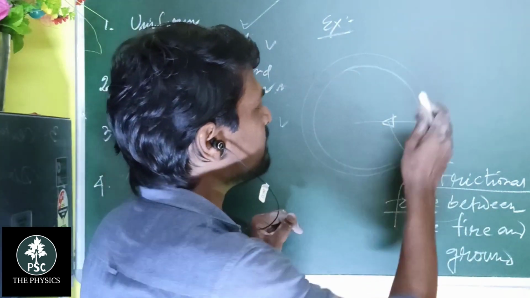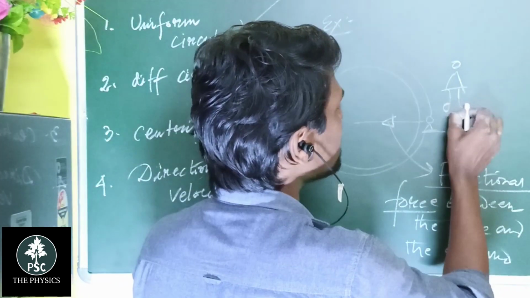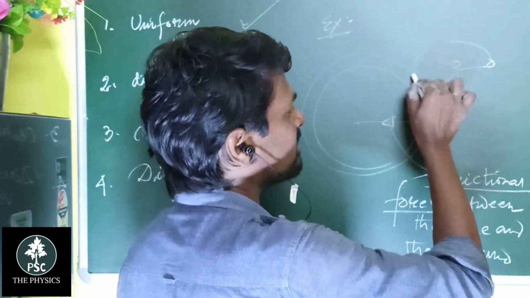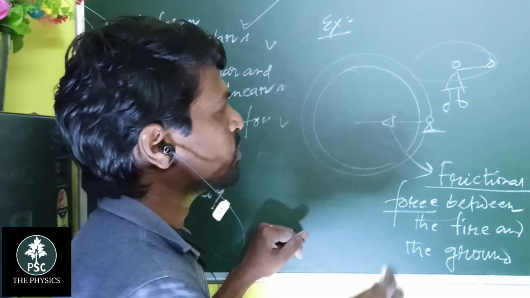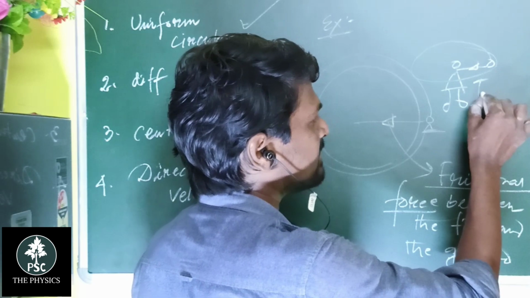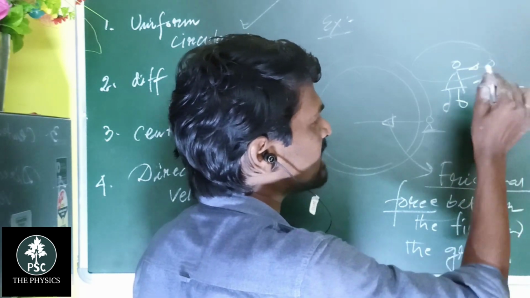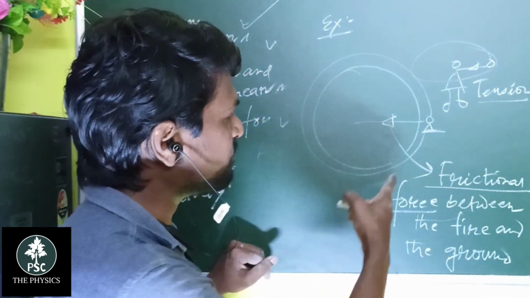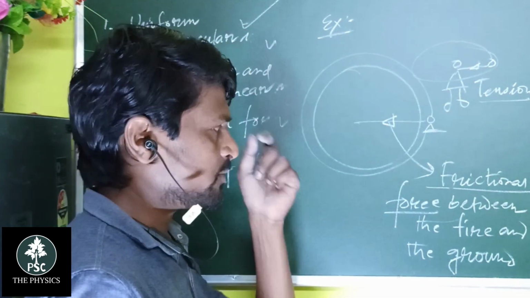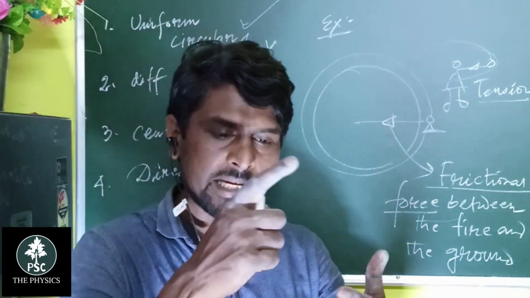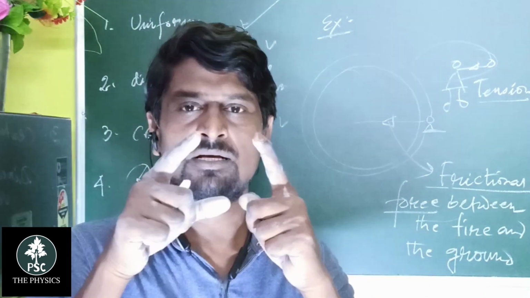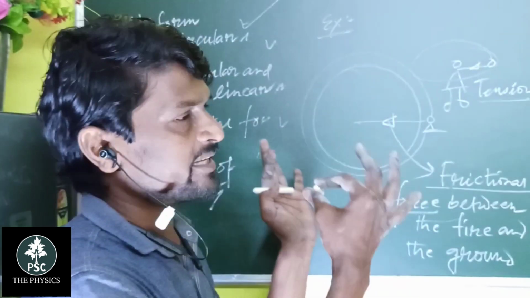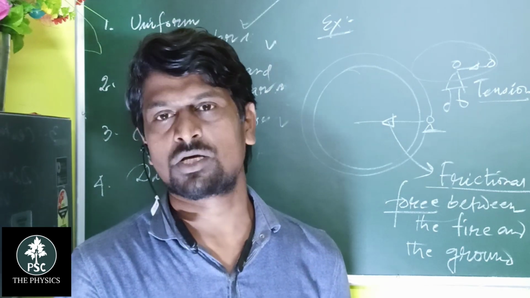If a man ties a stone with a string and revolves it along this direction, the tension force provides the centripetal force. Here a frictional force between the tire and the ground provides the centripetal force. If an electron revolves around the nucleus, then the electrostatic force provides the centripetal force. So these are all examples of uniform circular motion.